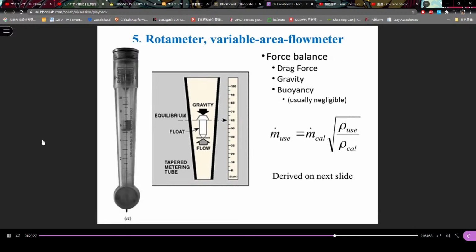It is called a rotameter, or variable area flow meter, or floating flow meter.